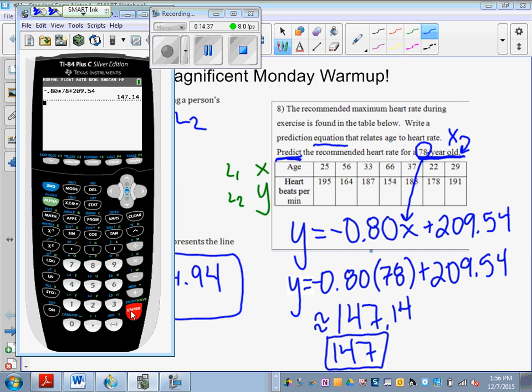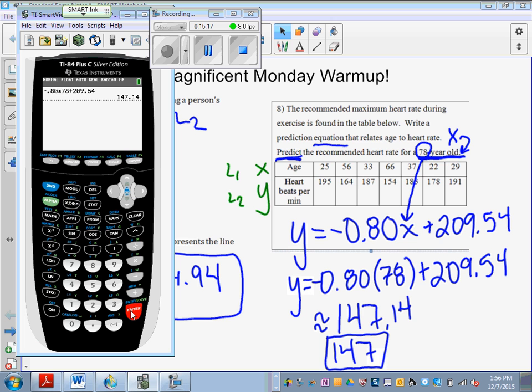You'll lose partial credit if you don't round it, but you should still get the answer correct as long as you go part way and it's close. Yes or no?